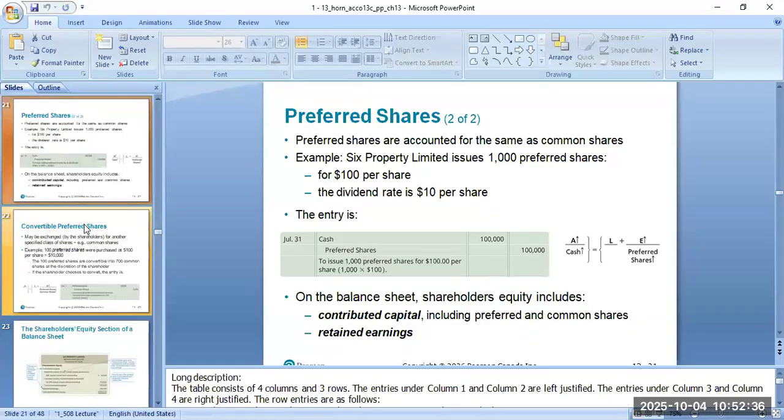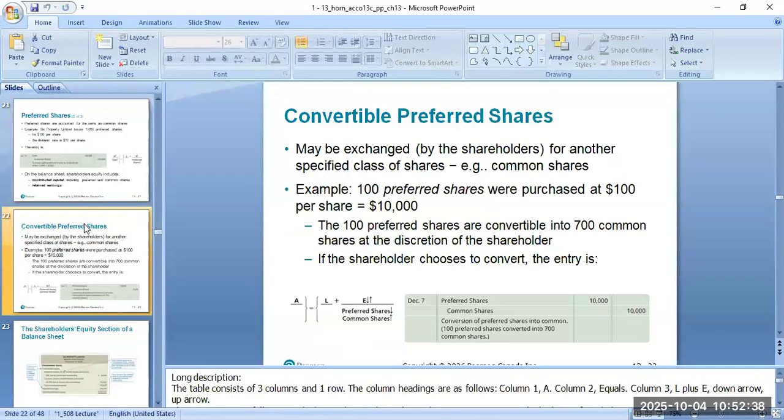Is it possible to have a different type of shares? Yes, we may have convertible preferred shares. If the shareholders of those shares decide to convert them into common shares, we're just going to move from the preferred shares into the common shares.